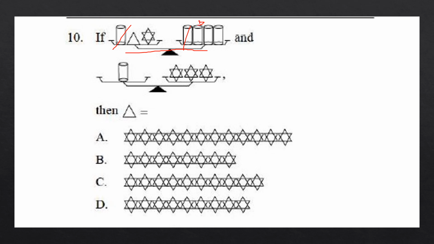So 3 cylinders equal 9 stars. That means triangle plus star equals 9 stars and triangle equals 9 minus 1 star. That means triangle equals 8 stars and our answer is option B.